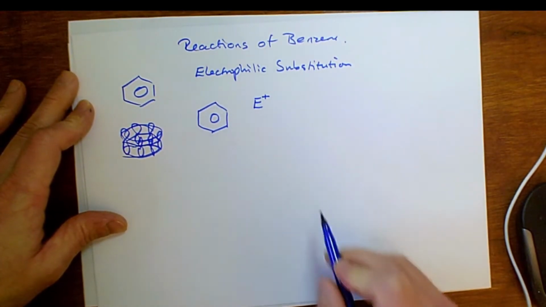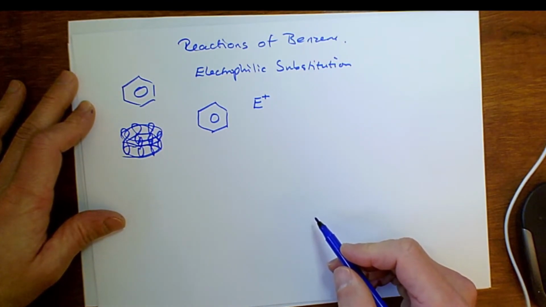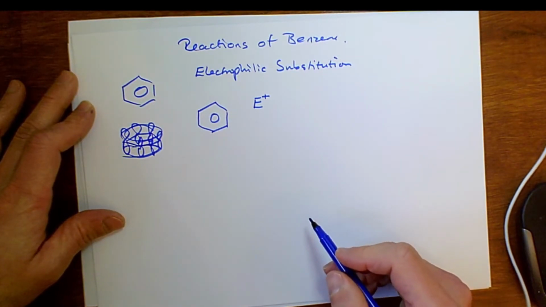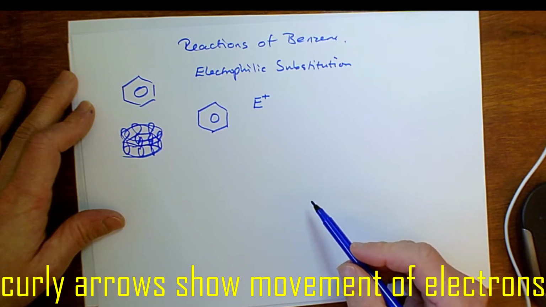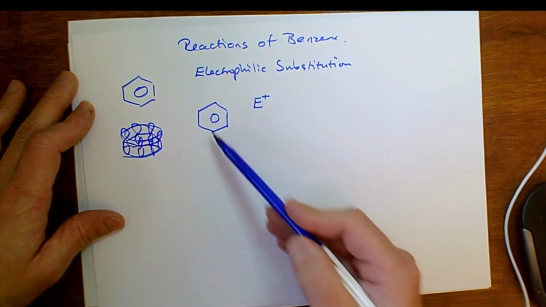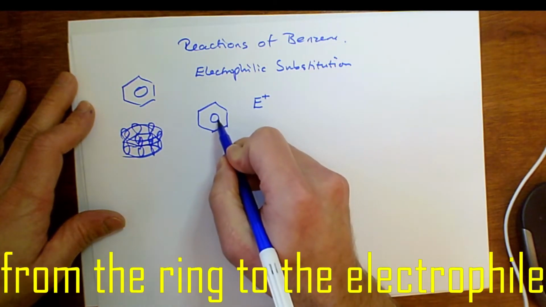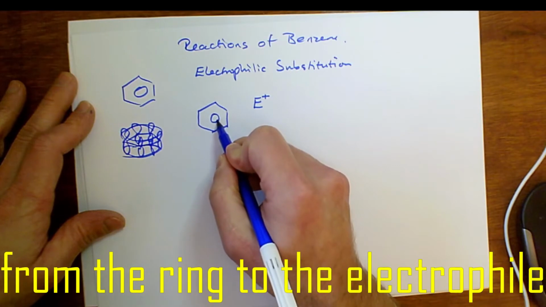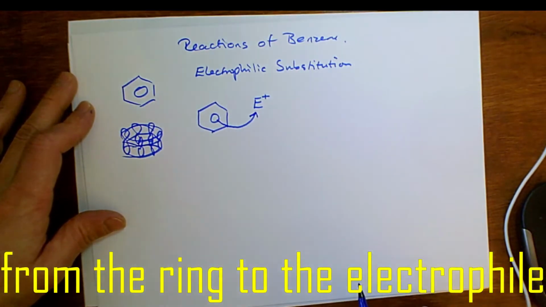I've shown a positive charge on it because that's going to make it really love our electrons. So we need to put some curly arrows on to say where things are going to go. Remember, curly arrows show the movement of electrons. Where are my electrons? In the ring, you say. So my electrons are going to be coming from the ring, drawing from there, going to the electrophile.